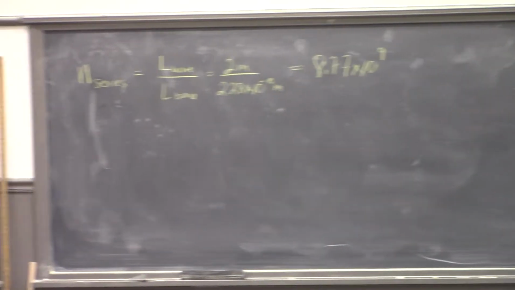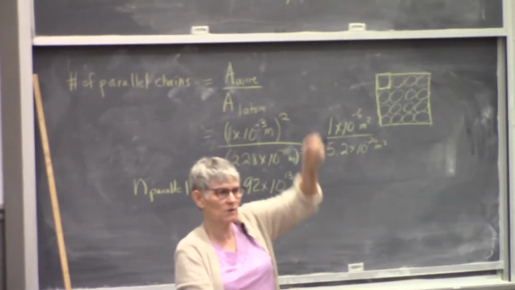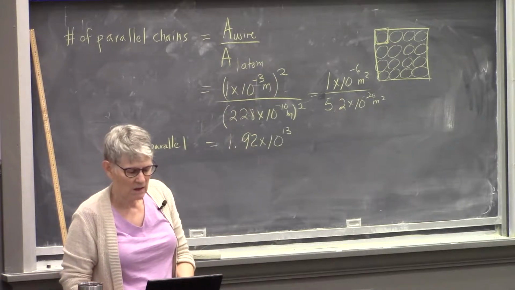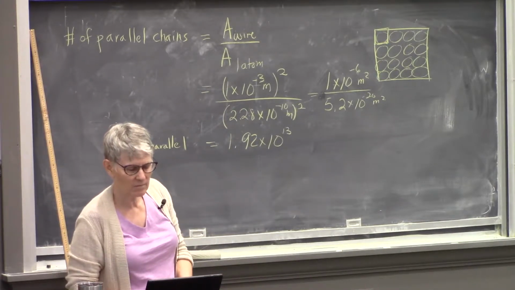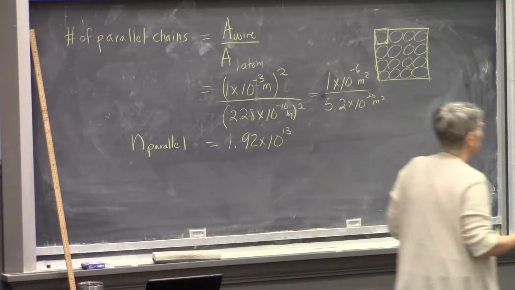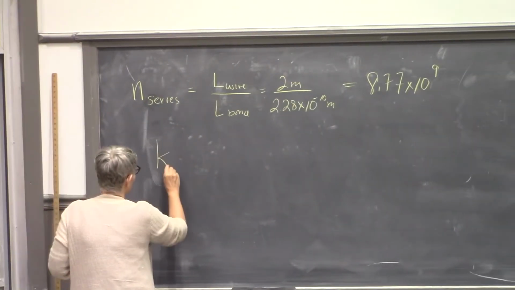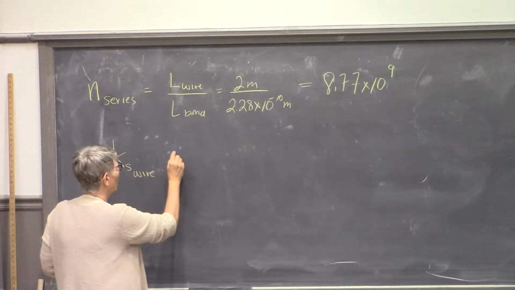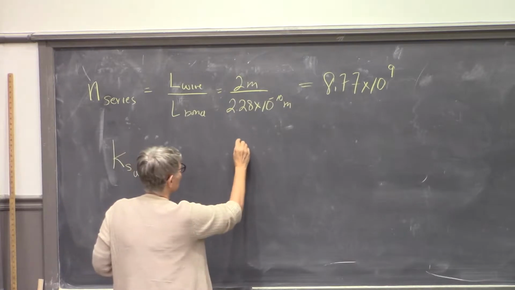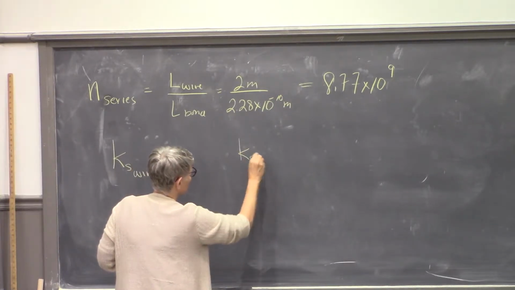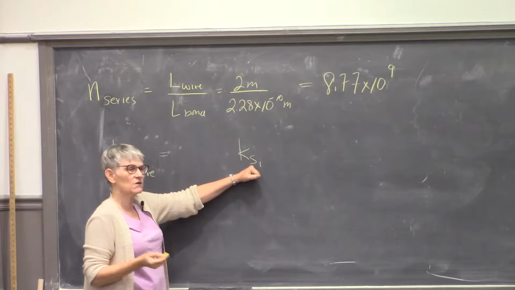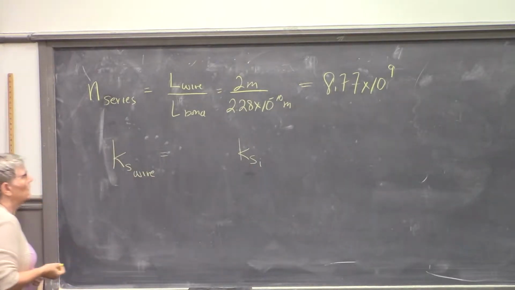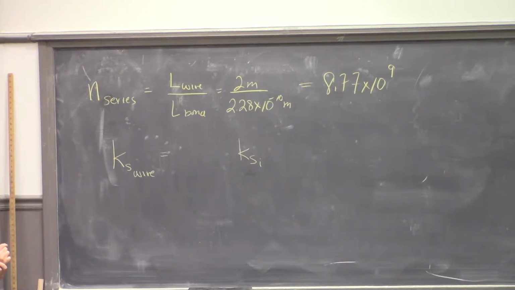So we know the number of parallel chains, and we know the number of springs in each chain. So we know that the spring stiffness of the wire as a whole is related to the spring stiffness of one, I'll call it K sub SI, the interatomic spring. By that relationship we discussed earlier.